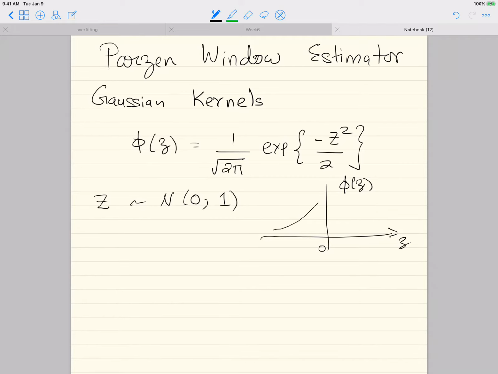It's always positive. At z equals 0, it's 1 over root 2 pi, and then it decreases as you increase the value of z. This is a PDF of a Gaussian random variable with 0 mean and unit variance. So it's centered at 0, the mean, and it has a variance of 1.